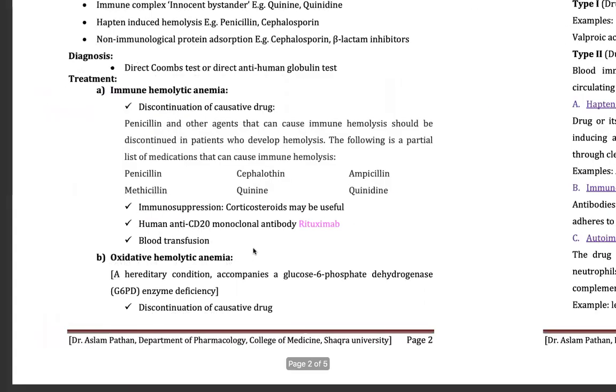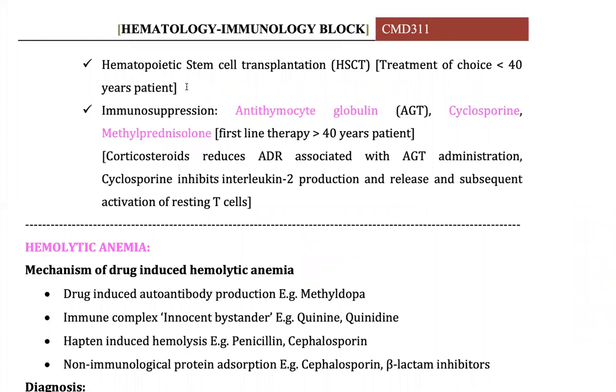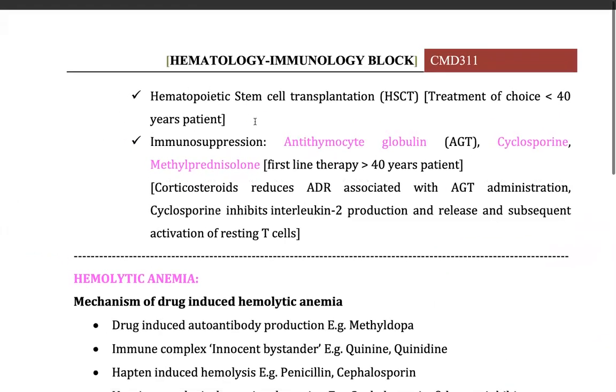Next, there are two main treatment options here. Hematopoietic stem cell transplantation is the generally preferred treatment, or treatment of choice, if the patient is less than 40 years of age.